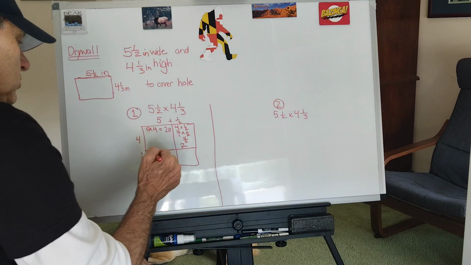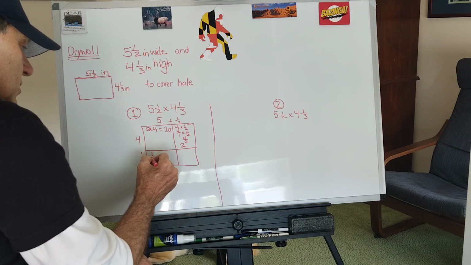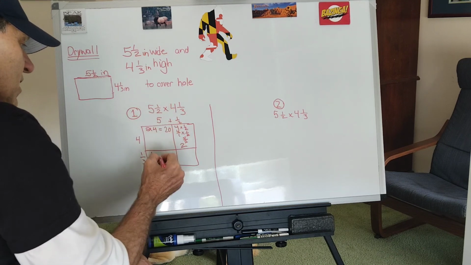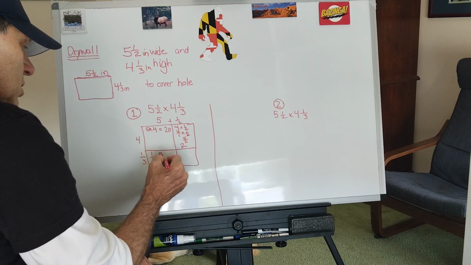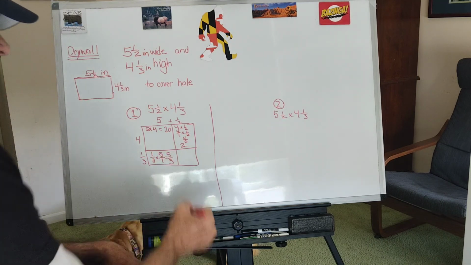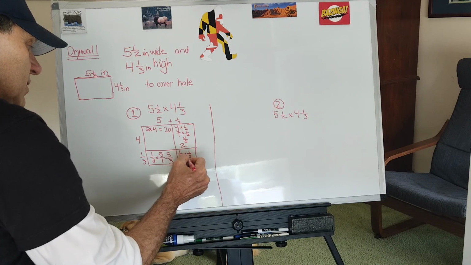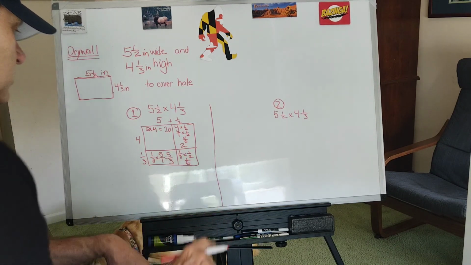I would have to do 1/3 times 5, which we would make 5 over 1, and that would give me 5/3. And then I would do 1/3 times 1/2, and that would give me 1/6.